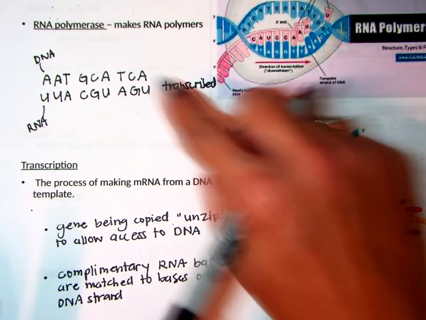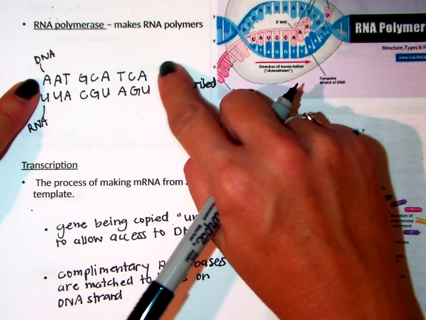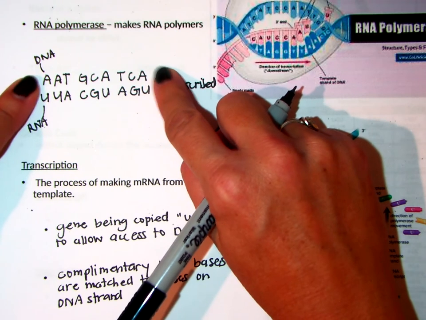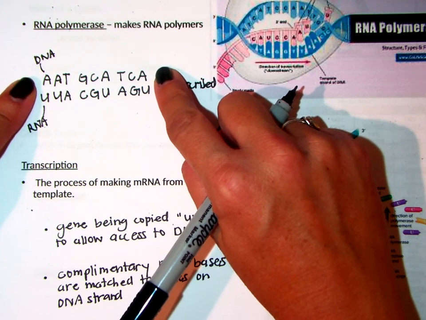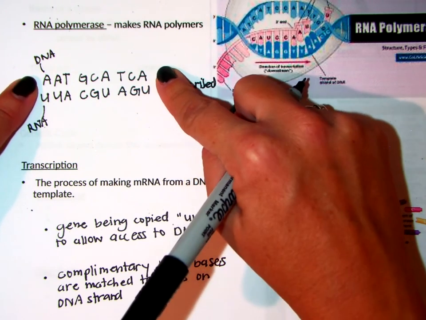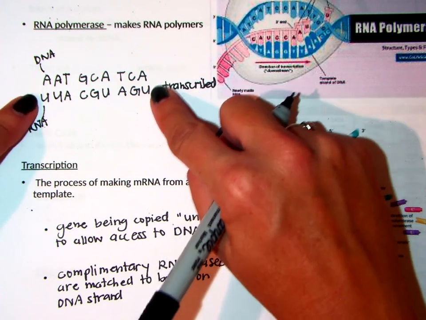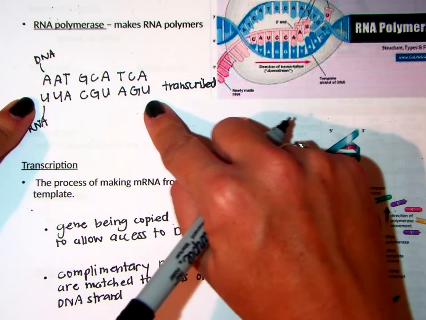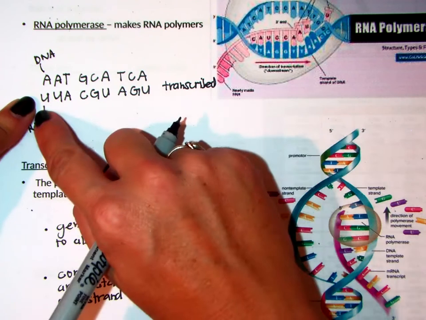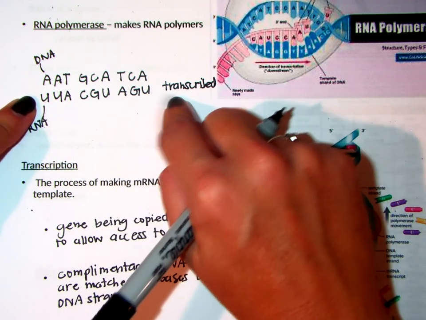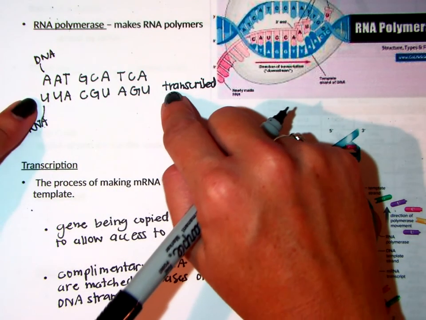Like I did up here. So let's say this is our gene. So we're going to unzip just this little area of the DNA. And then messenger RNA is going to end up looking like this. And just pair up with that section right there.